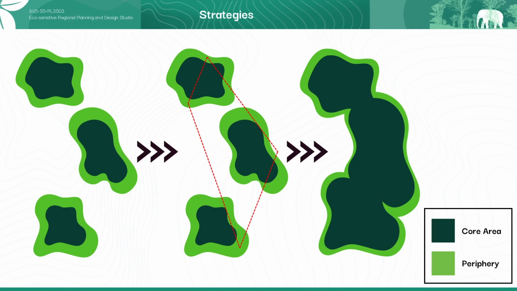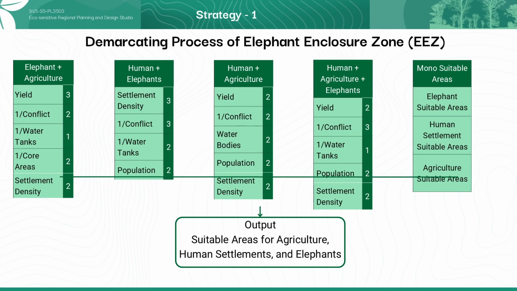Yes, so 1.7 million depopulated local community members will be attracted to high-density compact developments, and we also implement 5-kilometer buffer zones to prevent elephants from encroaching on human settlements and exiting from the EEZ, the elephant enclosure zone. As this illustration shows, our goal is to connect these currently fragmented forest patches and habitats, creating a large, continuous and unfragmented area.